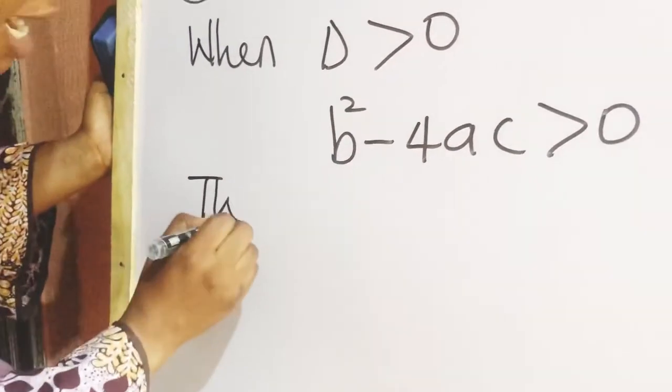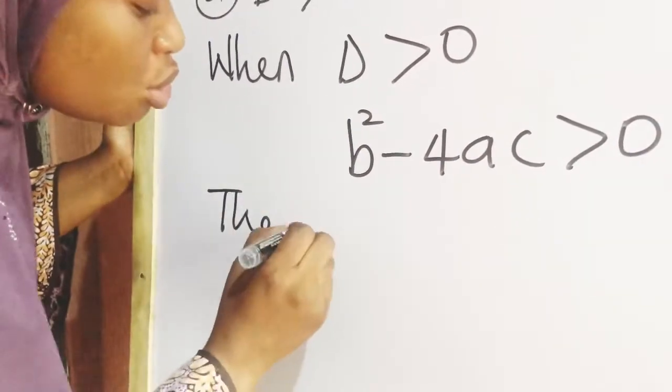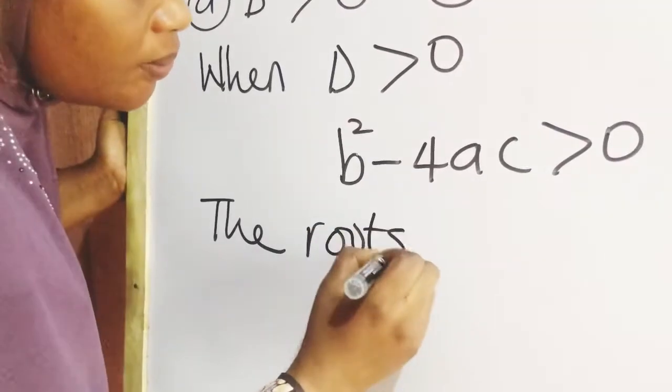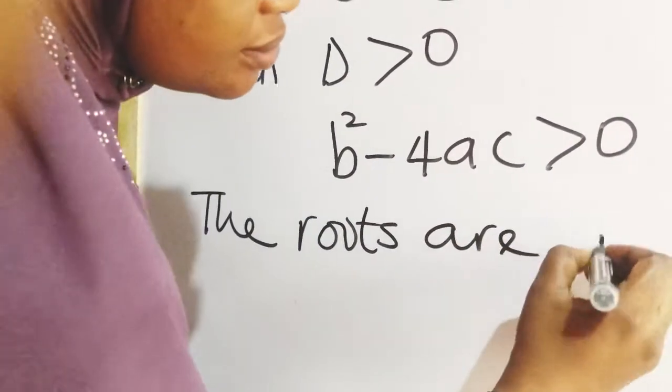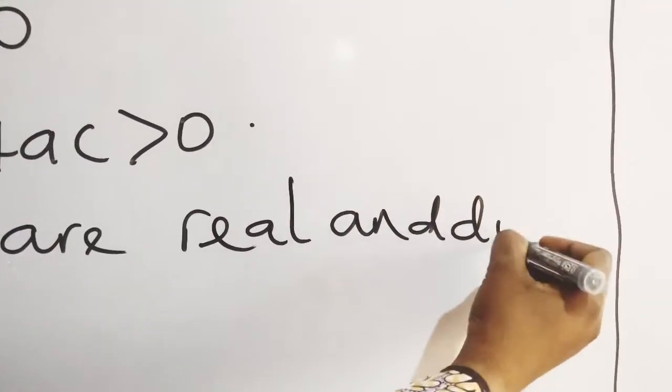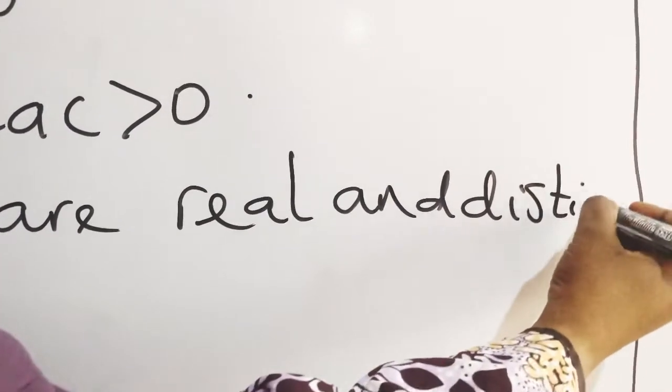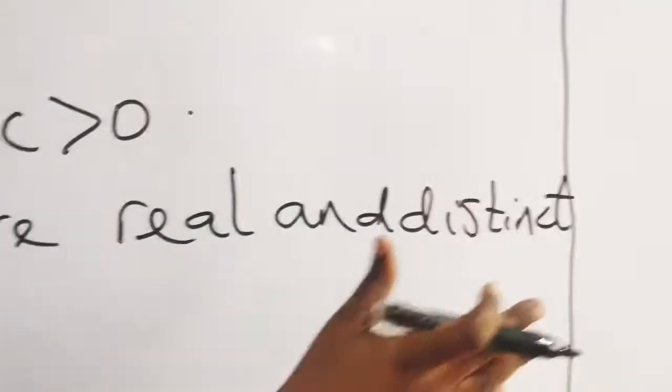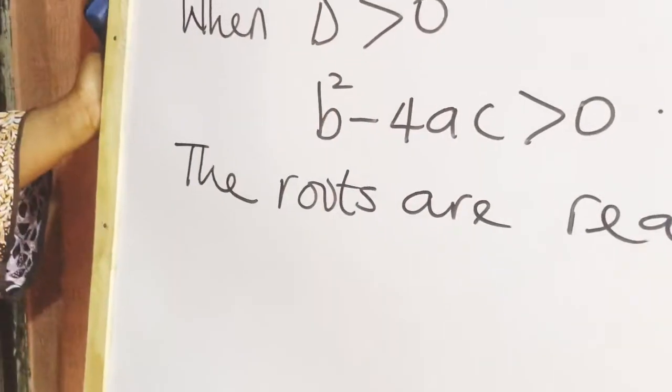The two roots are real and distinct. That is, they are not imaginary, not complex. The roots are not complex numbers.